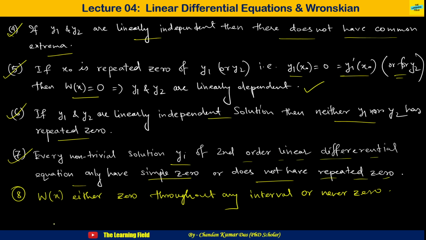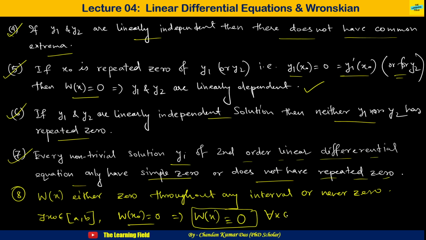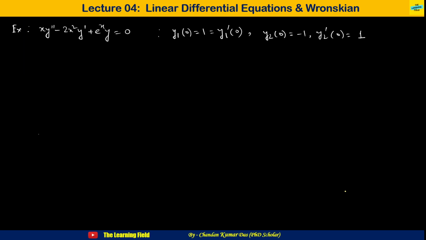That is, suppose x naught belongs to an interval (a, b), and suppose the Wronskian at x naught equals 0, then this implies the Wronskian of x is identically 0 for all x belonging to that interval I. Fine. And if it is non-zero at any point, that means it is never 0. Fine. This is also a very important result.